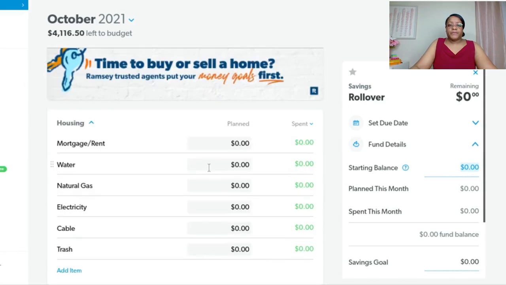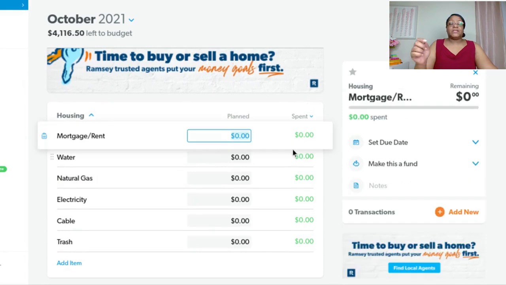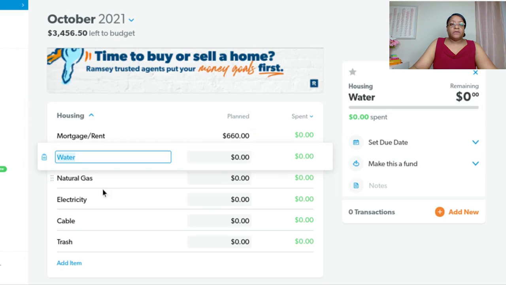And so back in October 26th, 2017, my rent was $660. So yes, cheap. Very, very cheap. You guys know I live in Memphis, so there's no separation between my light, gas, and water. The utilities are all in one.